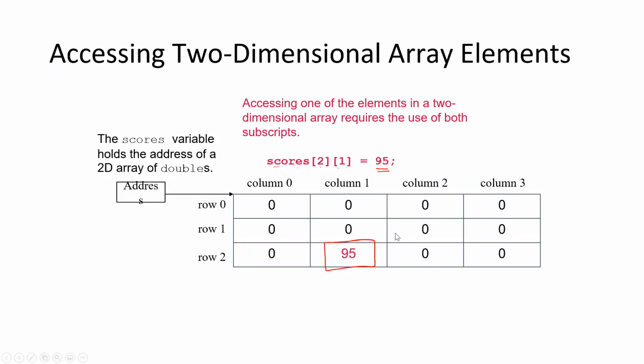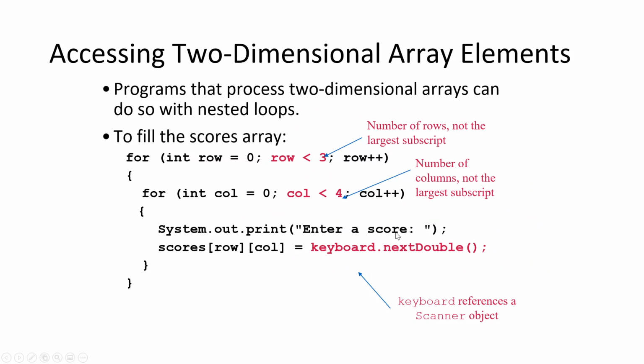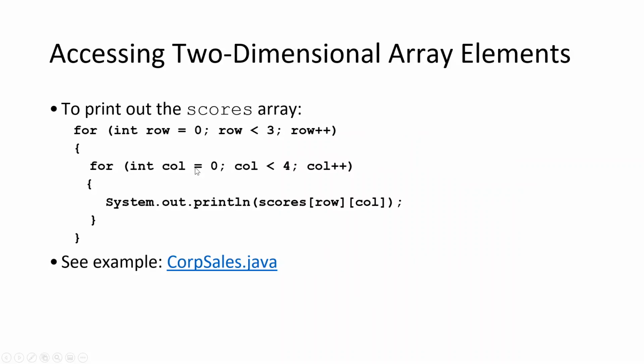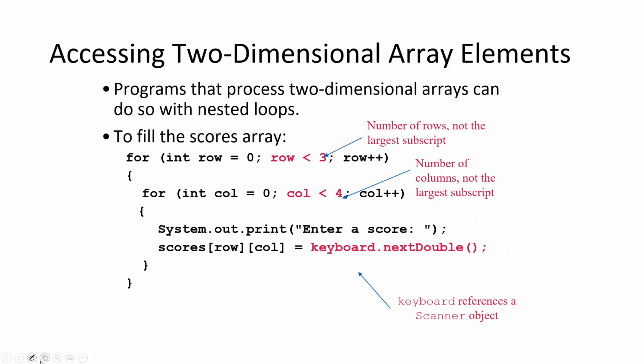So this means to access all the elements of a two-dimensional array, we need nested loops. One for the rows, as you can see here, and one for the columns. Then you can do whatever you want, whether you are accessing or assigning values, that's completely up to you.